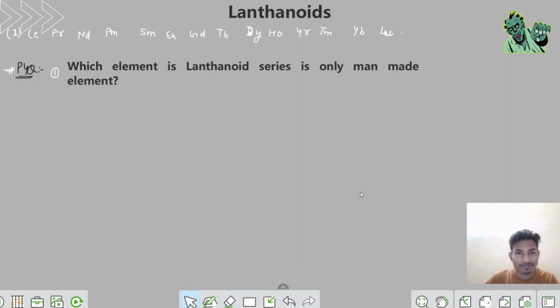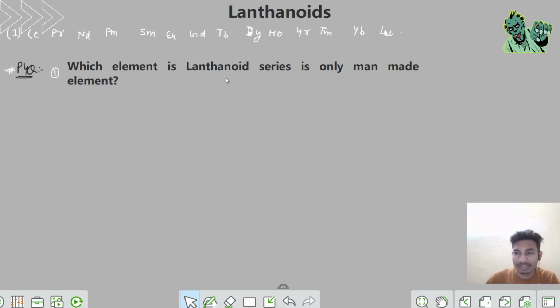Which element in the lanthanide series is the only man-made one? It means the only synthetic element. There are certain reasons behind it, because most of the elements here are non-radioactive, but some things make them radioactive in the lanthanide series, so they can be formed during a radioactive reaction.